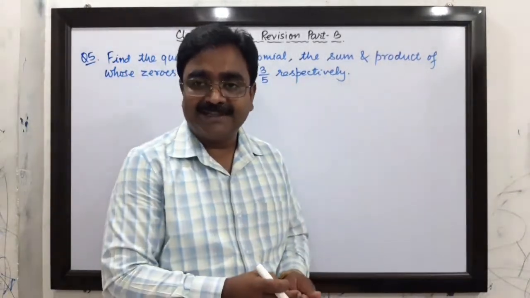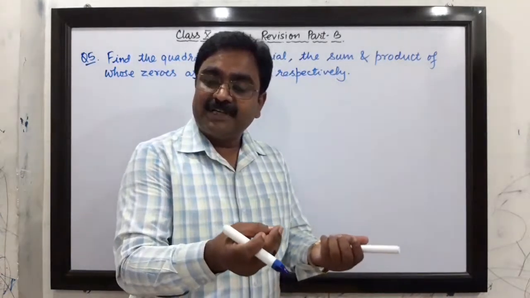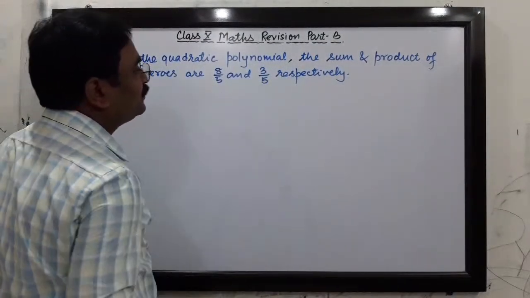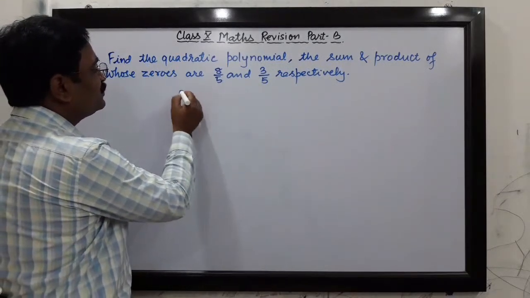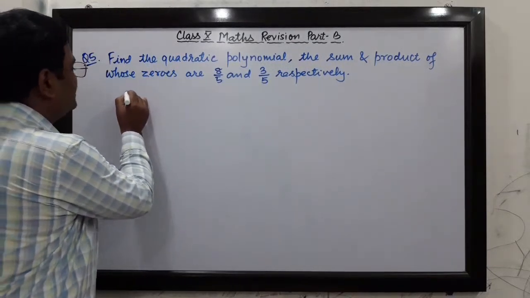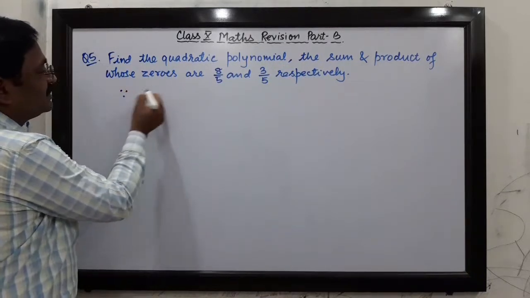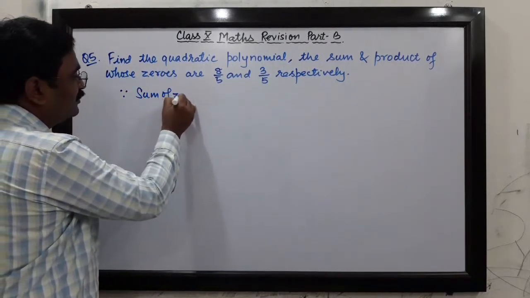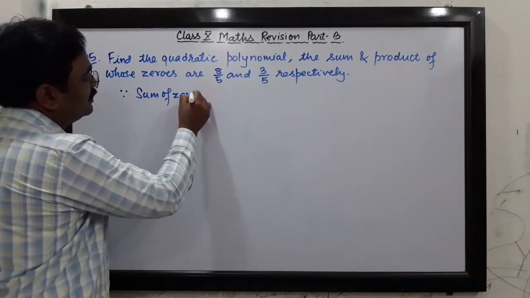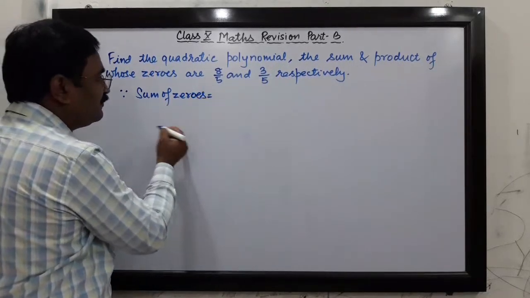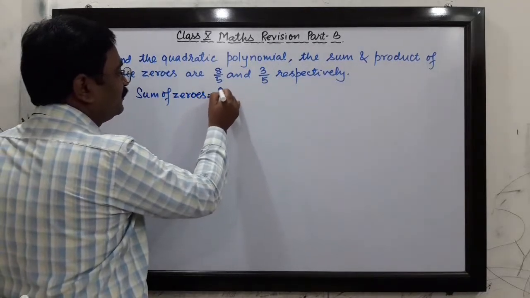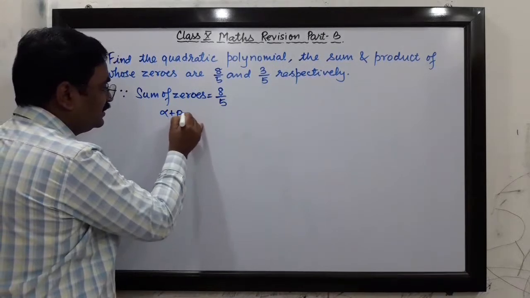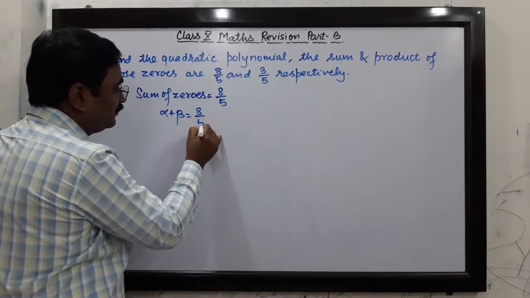हम अभी आपको क्या कह रहे थे कि हम आपको second method भी बता देते by the formula method. So as here sum of zeros and product of zeros are given. So sum of zeros means alpha plus beta, which is 8 upon 5. That is, alpha plus beta is equal to 8 upon 5.